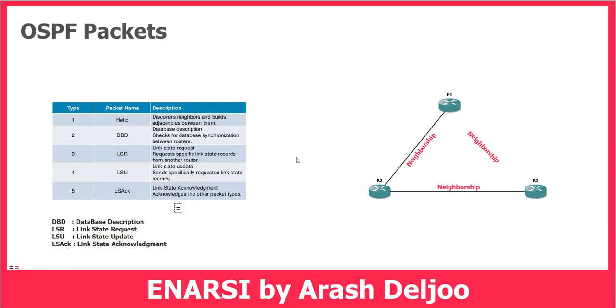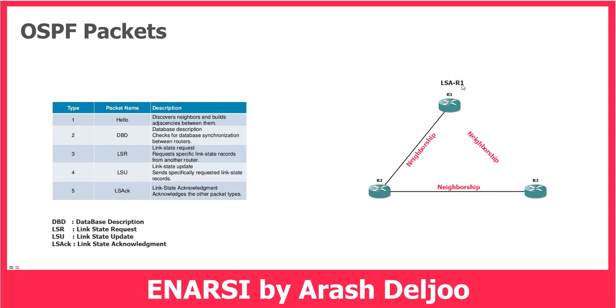Assume that R1 now is creating its link state. You know that in the link state of R1, we have multiple link state advertisements. For example, in the link state advertisement of R1, R1 says that I am connected to this network or to other information. I will talk about the information of the link state in more detail in the future, but let me say this is the link state of R1.